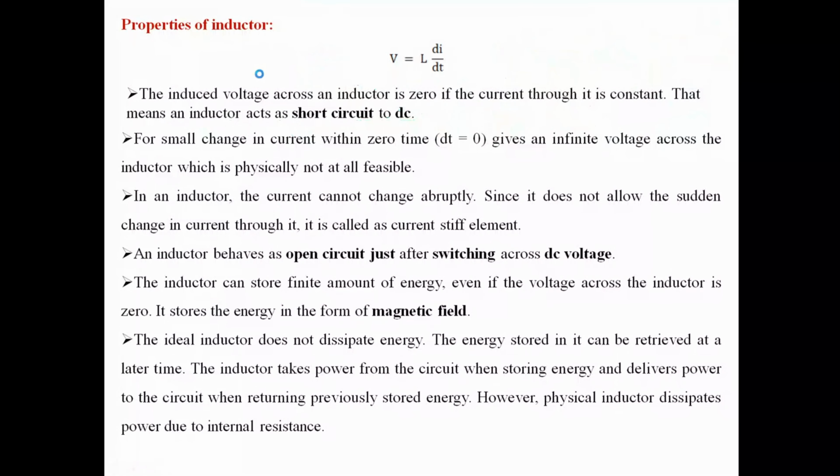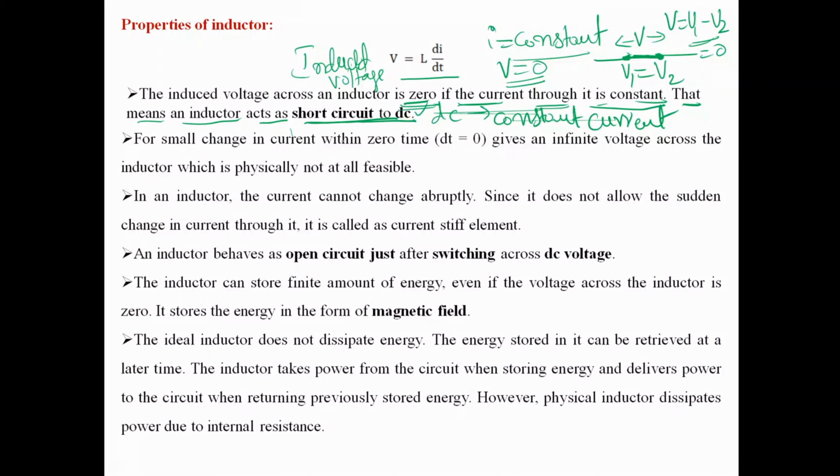Then, for a small change in current within zero time, that is dt approximately 0, what will be di by dt? Di by dt will lead to infinity. So it gives an infinite voltage.